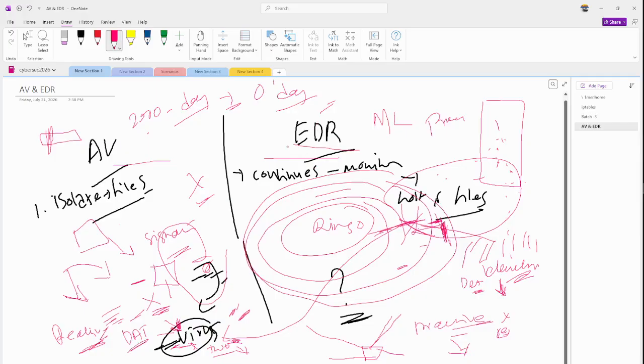The antivirus is limited to only malware events, whereas EDR covers the full attack timeline. Wherever the attack happens, it will have all that visibility. So this is your technical specification.